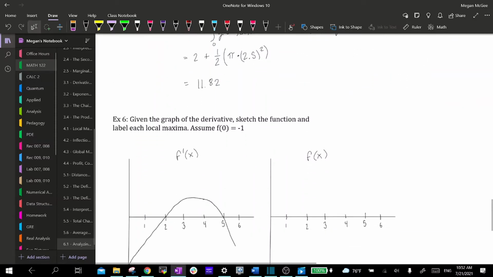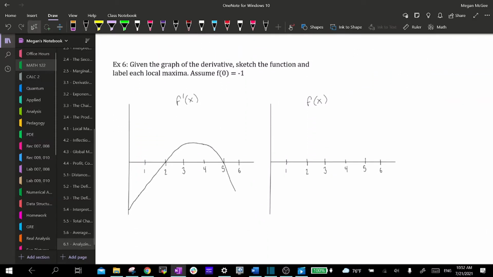And finally, we have example 6. Given the graph of the derivative, we're supposed to sketch the function and label each local maxima. Assume that f of 0 is equal to -1. All right, so we have a lot to do for this problem. We need to graph the original function based on the graph of the derivative.